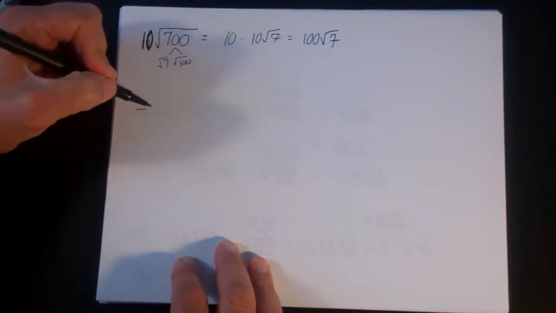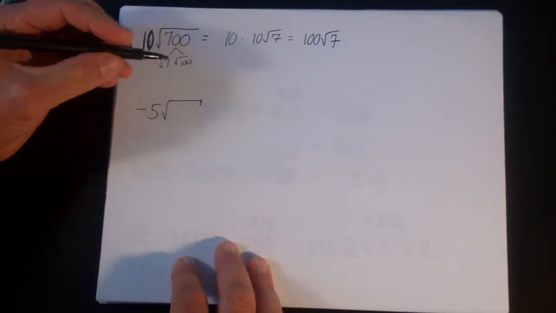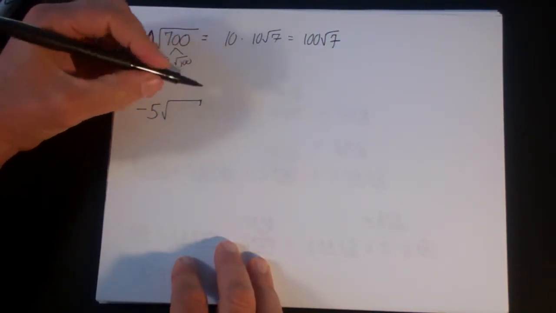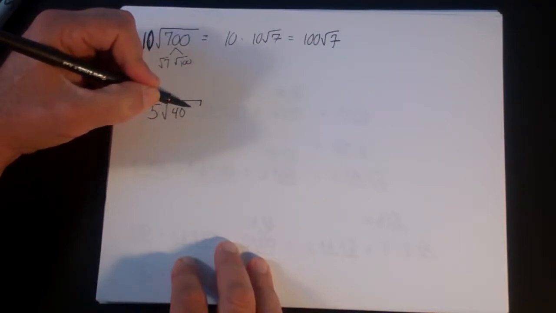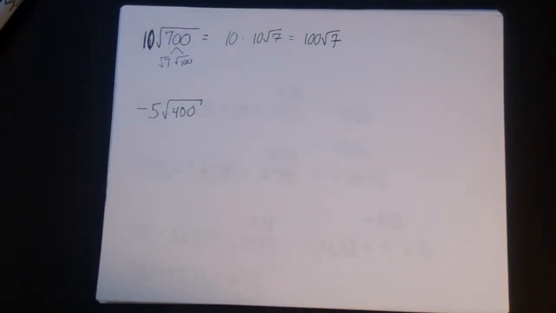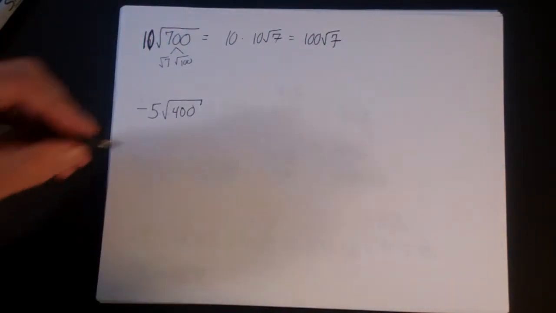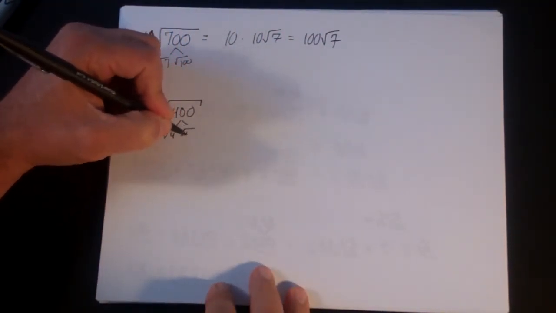If you have a negative out in front, say minus 5 square root of, let's say square root of 400. Square root of 400 is square root of 4 times square root of 100.